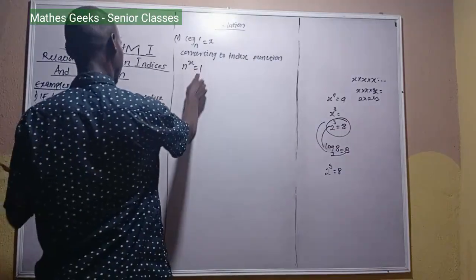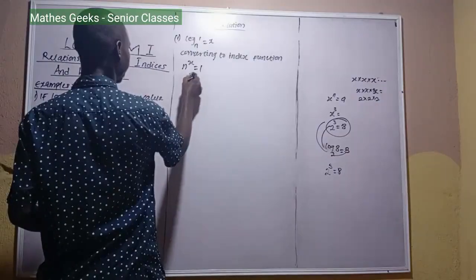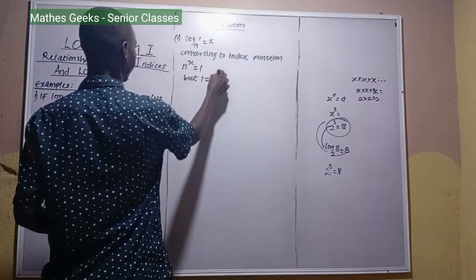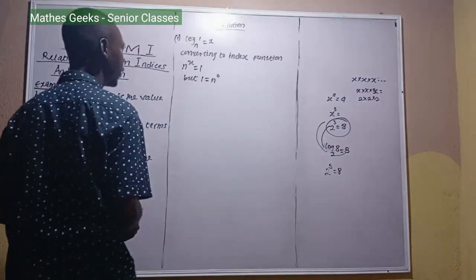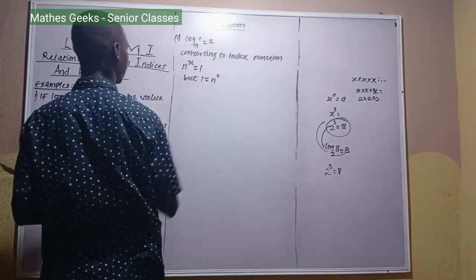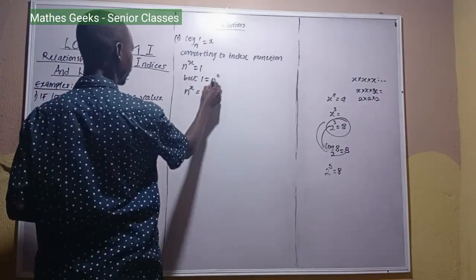Now, for indices, any base raised to the power 0 is equal to 1. So 1 is equal to n raised to the power 0. We put this in place of 1, so n raised to the power x is equal to n raised to the power 0.